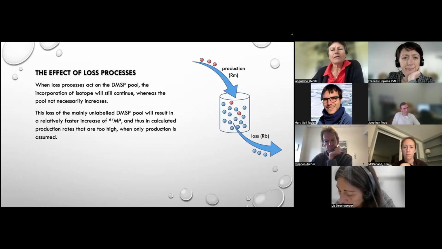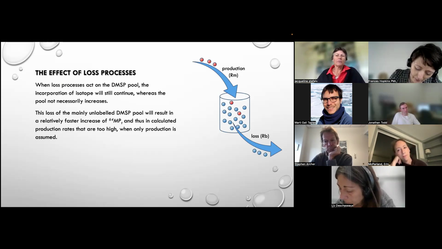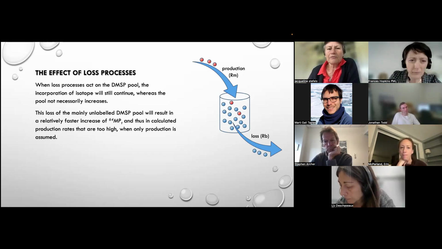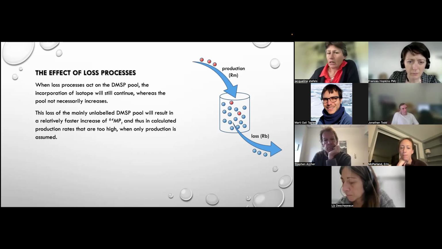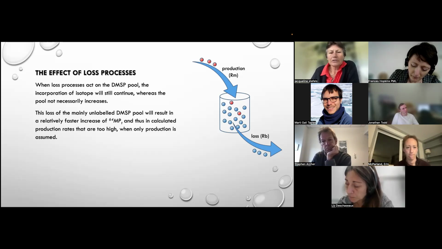Now, there are some problems with it. You cannot actually solve the problem, but you can imagine that if you do an incubation with a lot of stress, then cells can, for instance, blow up. They can lyse due to high light conditions, or they lyse because of grazing or whatever.